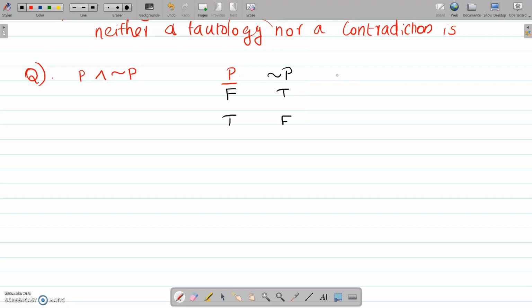Next, P and negation P. In the AND operator, it is true only if both are true. Here one is true and one is false, so it will be false, and here also it will be false. So the complete truth values are all false. So this is a contradiction.